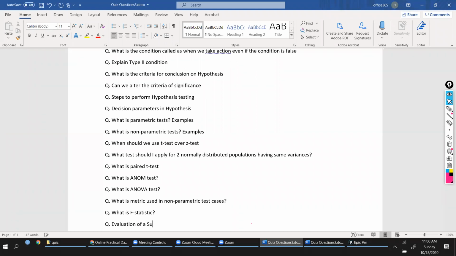How is evaluation of a supervised learning technique done? It is by comparing the actual with the predicted, because in supervised learning techniques we know the variable of interest.